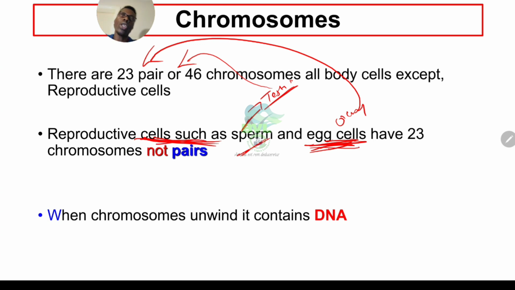Because students often get confused when you see the word testes. Maybe in your exam you see a multiple choice question asking which of the following contains 46 pairs of chromosomes. If you see egg cell, you see sperm cells, and you see testes, testes should be correct because testis is still a somatic cell. Hope that made sense.